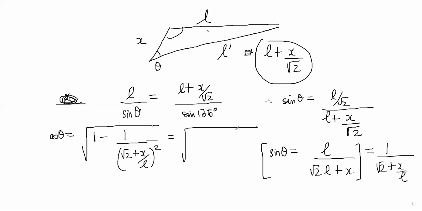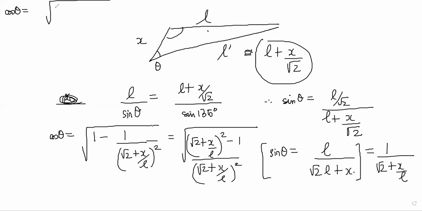Inside the root it is 2 plus x square by L square plus 2 root 2 x by L, minus 1, divided by root 2 plus x by L whole square.